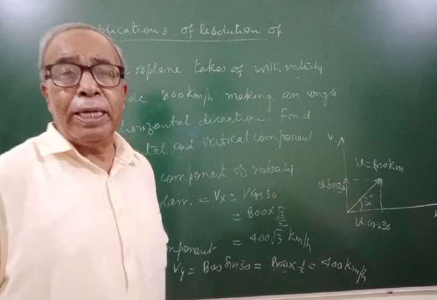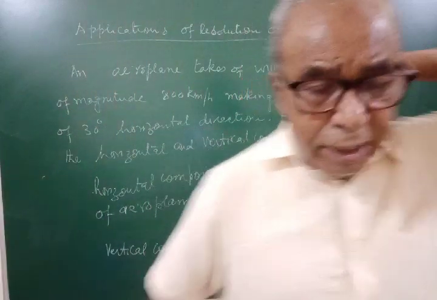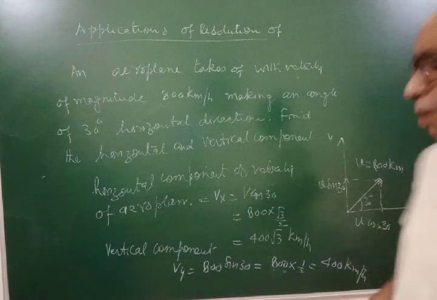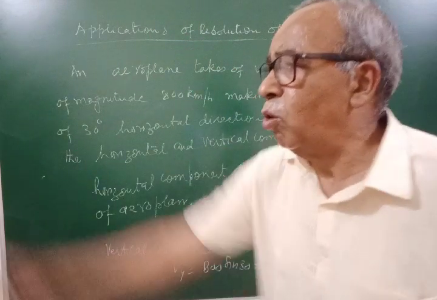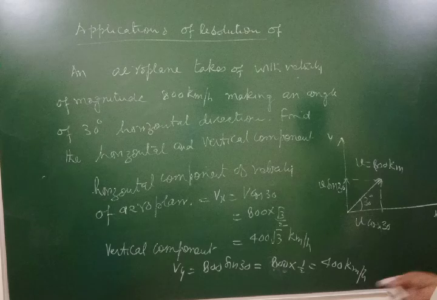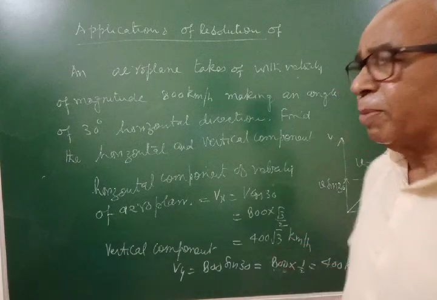So when the aeroplane is taking off, it is rising up with a velocity of 400 km per hour and also moving forward horizontally with a velocity of 400 root 3 km per hour.